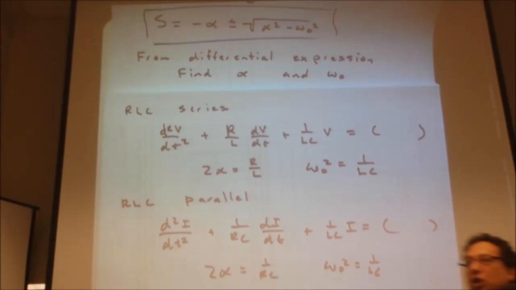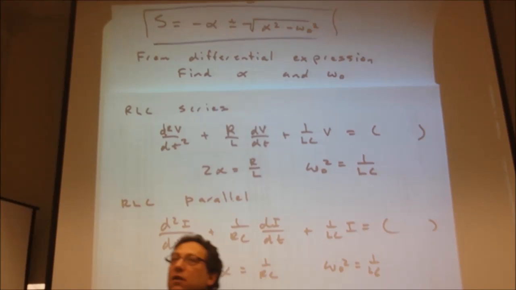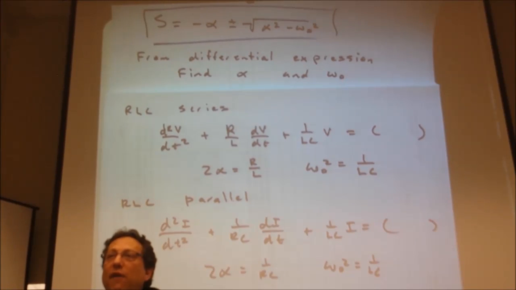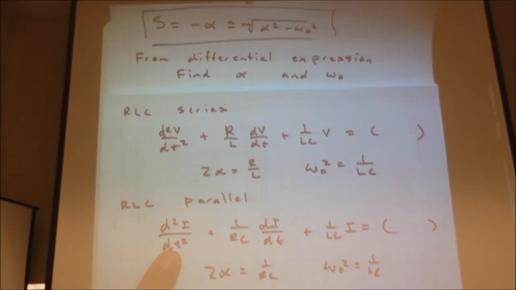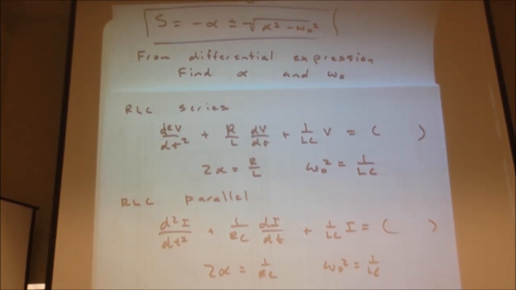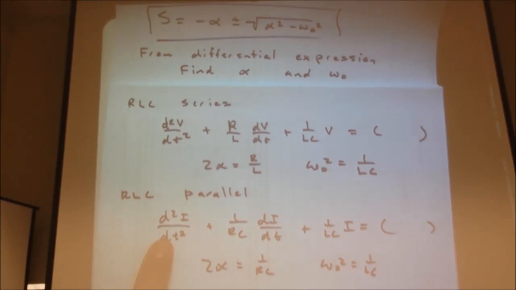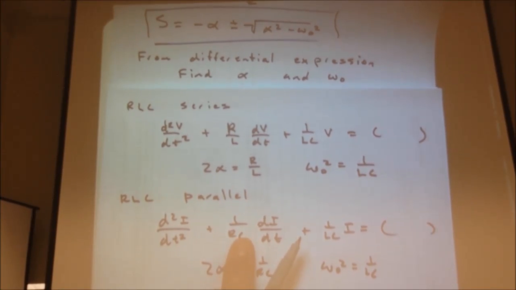Any second order circuit is going to break down into some sort of coefficient that's 2 alpha and some sort of coefficient that's omega naught squared. And you get that by having a leading coefficient on your second order term of 1. So that's why early on I divided by this term to get a 1 here and get this effectively as our 2 alpha term and this as our omega naught squared term.